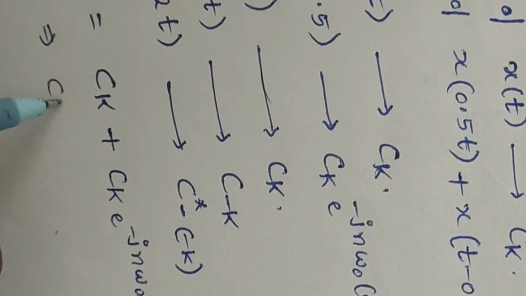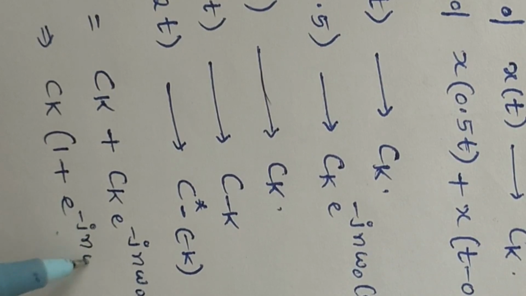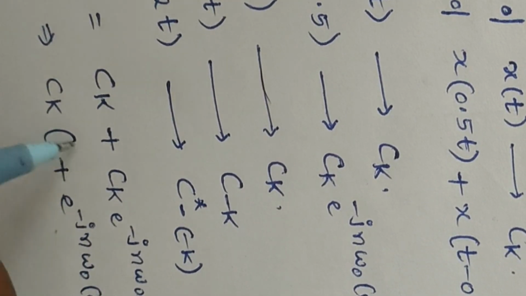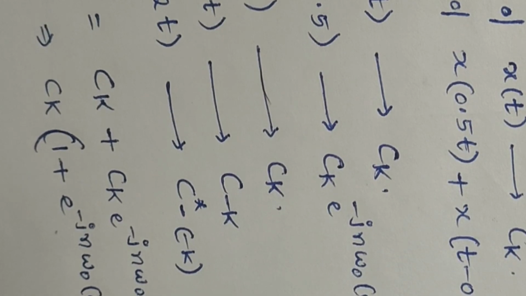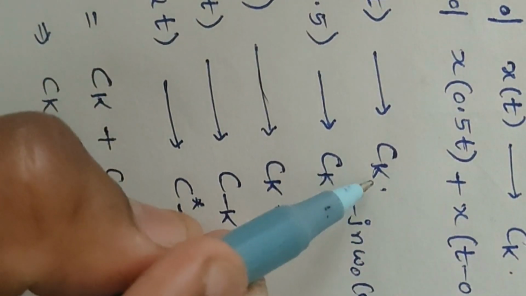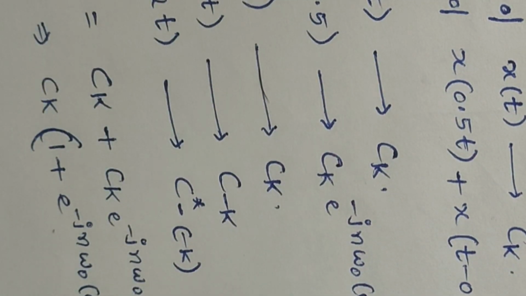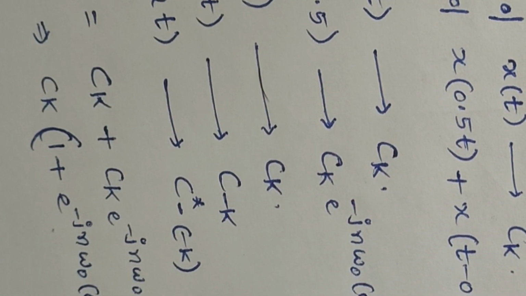Now by taking ck common, 1 plus e power minus j n omega naught into 0.5 plus ck conjugate. This is the final answer. So by time scaling, Fourier series coefficient remains same.